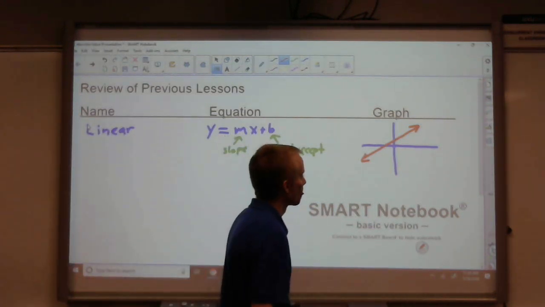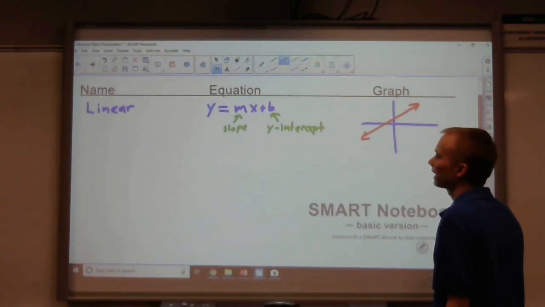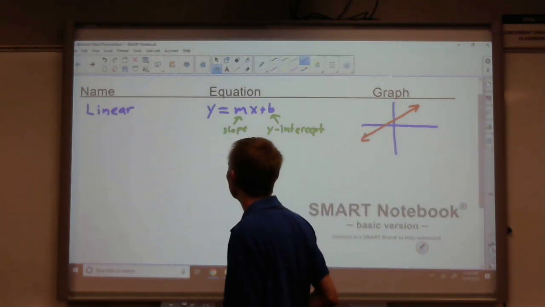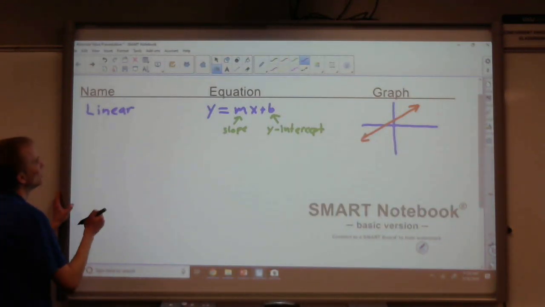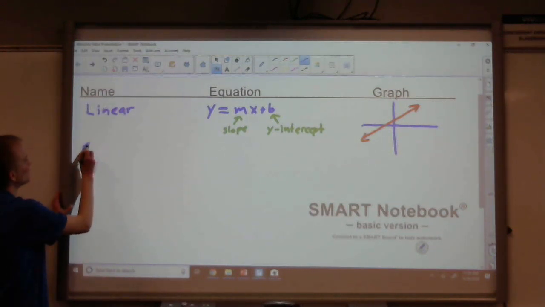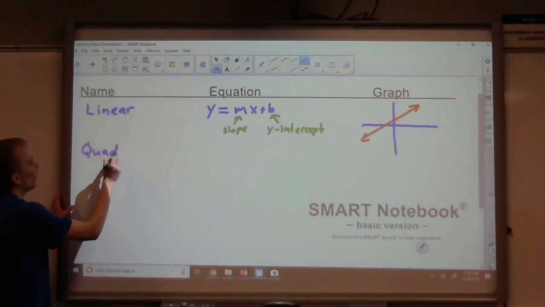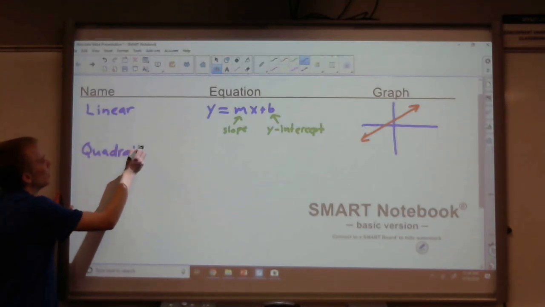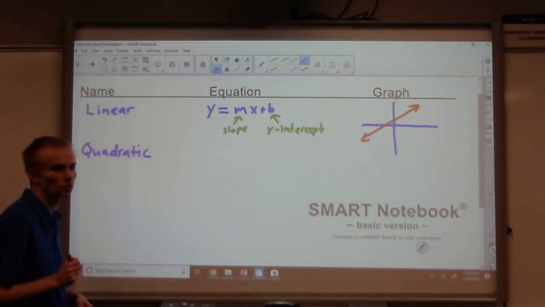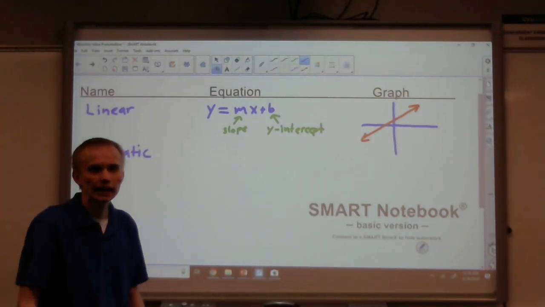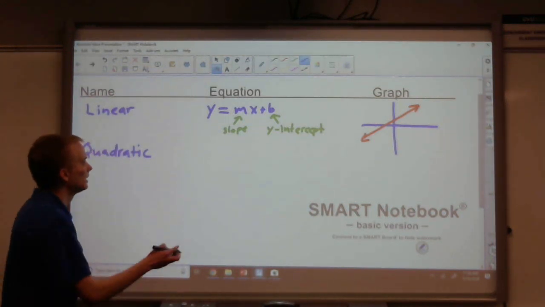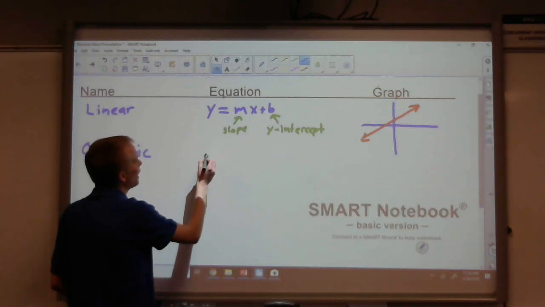Okay, so then the second type of equation we went over together was quadratic functions. And you learned about those at the beginning of this class. Quadratics were things that had a square in them.